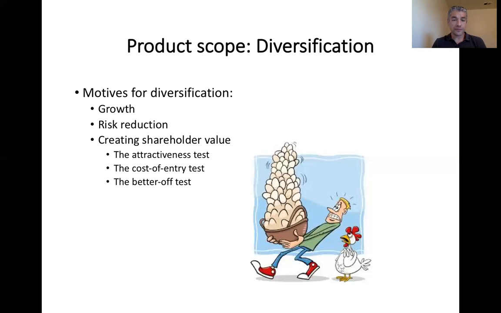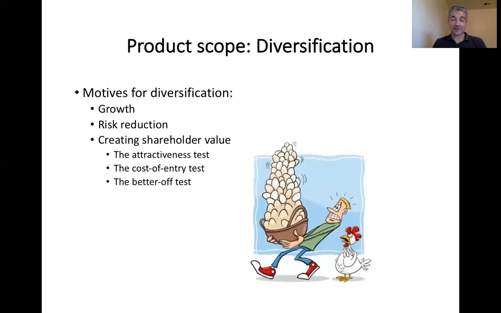Companies also diversify because they believe they can create shareholder value. And there are three tests that could be employed here: the so-called attractiveness test, the cost of entry test, and the better off test, that tell us whether or not you should consider diversification. I will probably go in the opposite order discussing those tests.